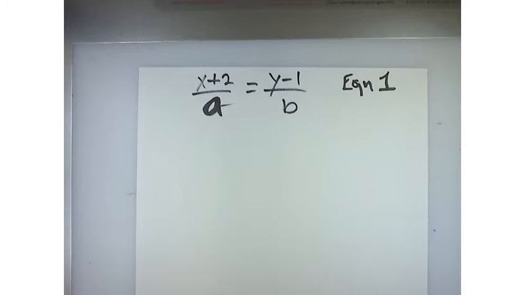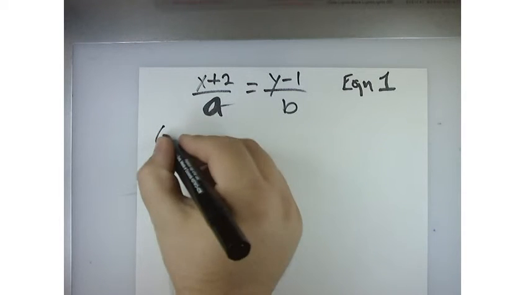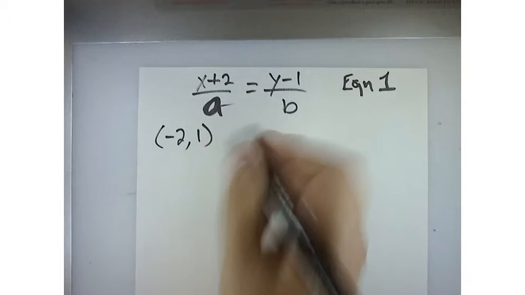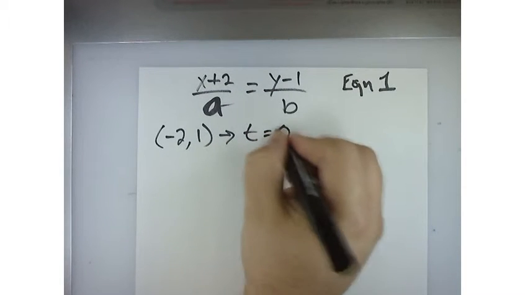Well, there's a couple of ways you could do this. You could go back and look at what it says: the line goes through the point -2, 1 when t equals 0, right? Because that's the lower boundary. So let's think this out loud. -2, 1 is the lower boundary based on our graph, so that occurs when t equals 0.